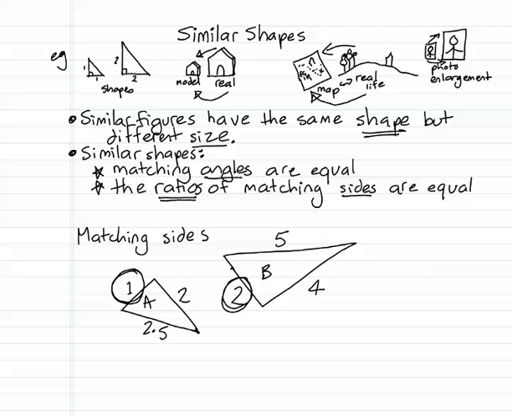The middle side length on A matches the middle side length on B. And the longest side on A matches the longest side on B.